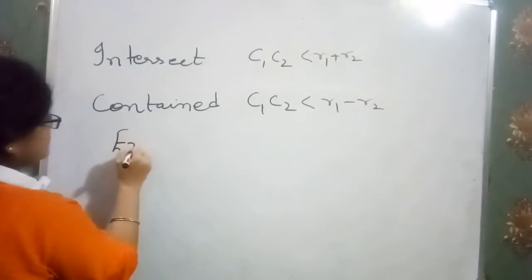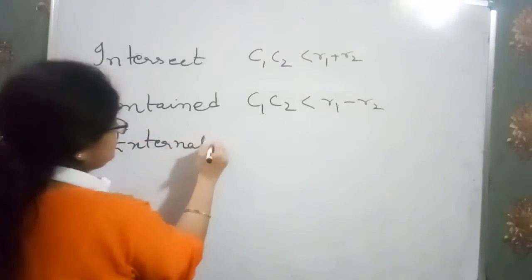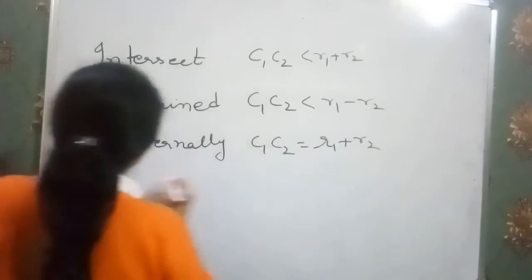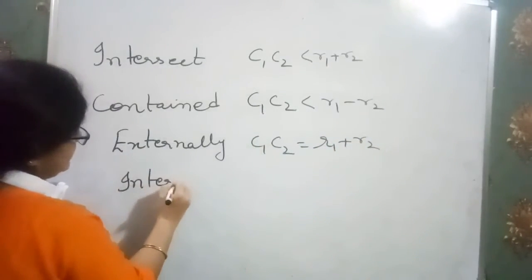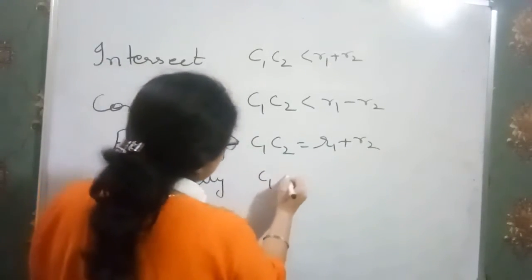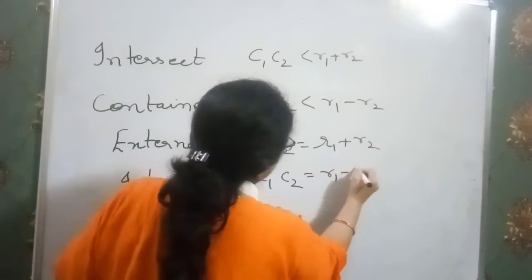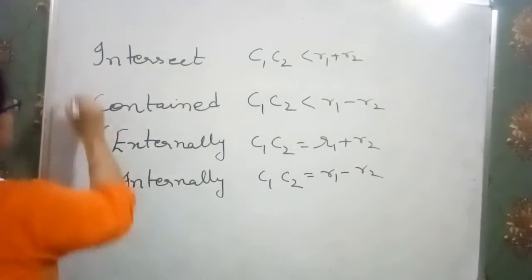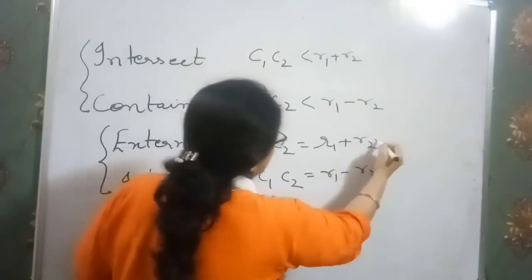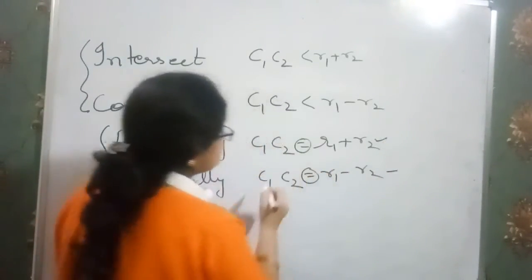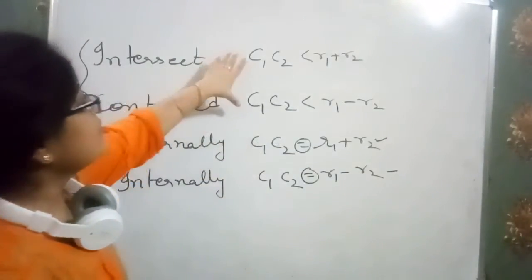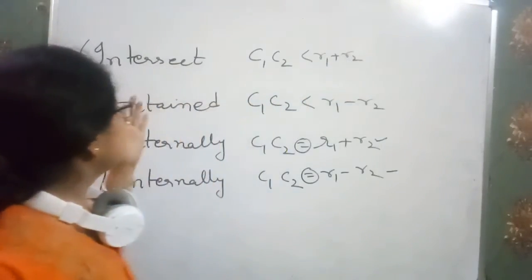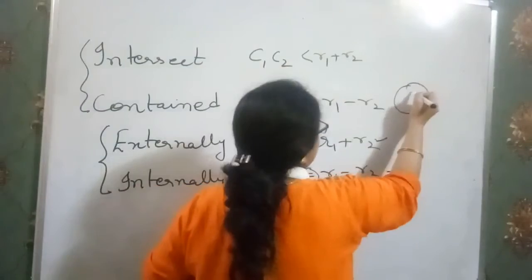When they touch externally, then C1C2 is equal to R1 plus R2, and when they touch internally, then C1C2 is equal to R1 minus R2. Okay. So we just learned this and this and this and this. So in the touching cases, we have the equal to sign when we add them or subtract them, and in the other cases we have the less than sign. In case of intersection, we have R1 plus R2, and when one circle is contained in another circle, it is R1 minus R2.